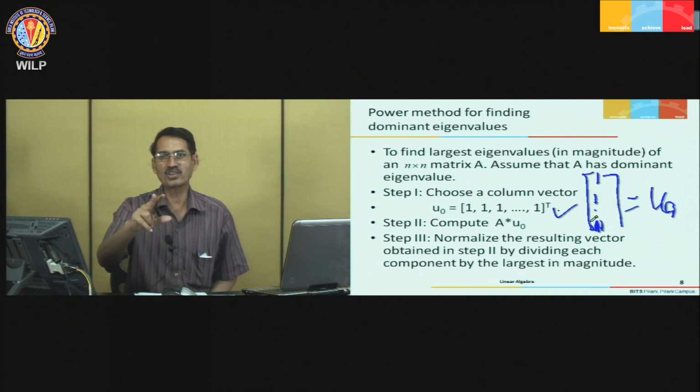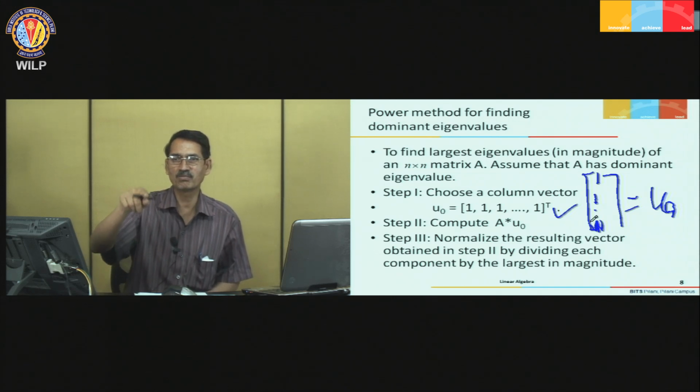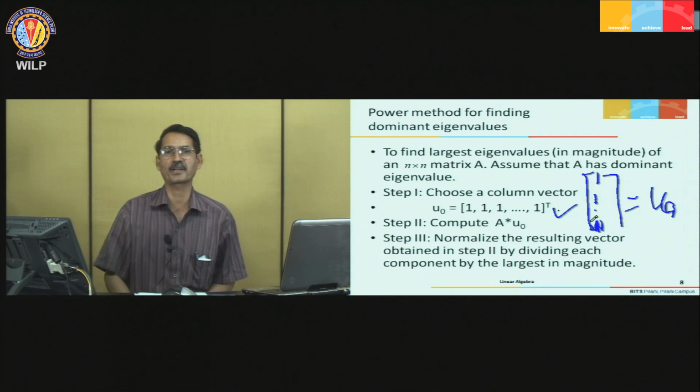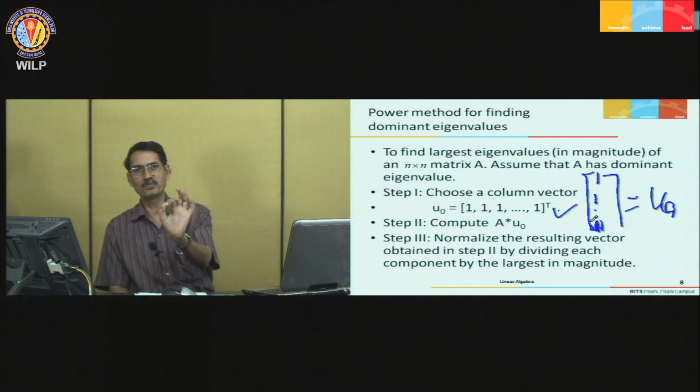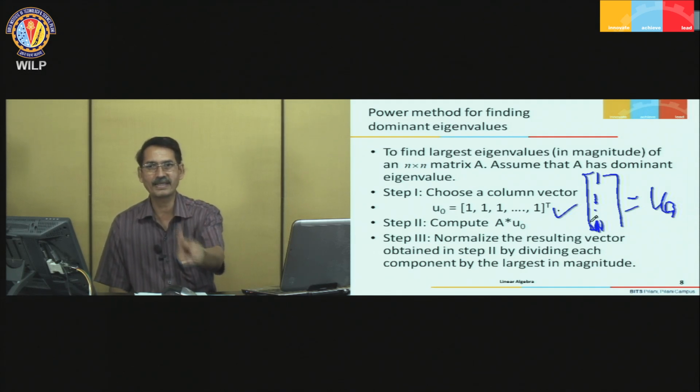If A is a matrix of order 5 by 5, then U0 will be a matrix of order 5 by 1, that is, U0 will be 1, 1, 1, 1, 1, five 1s. So, first choose U0, and second, compute the product of the two matrices, A into U0.